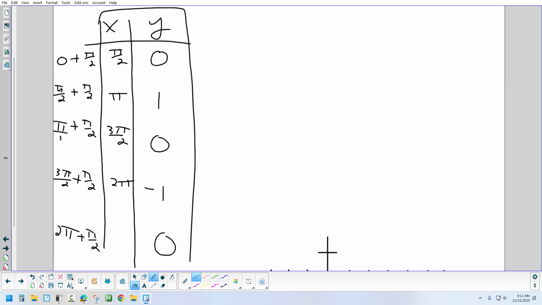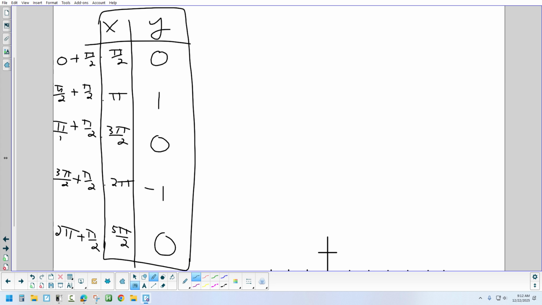And again, we'd have to find a common denominator, and you would get 5 pi over 2. If you write everything with a denominator of 2, you'd see a pattern here: 1 pi over 2, 2 pi over 2, 3 pi over 2, 4 pi over 2, 5 pi over 2. It's always a nice pattern. And that's how you find all the points when you shift horizontally.